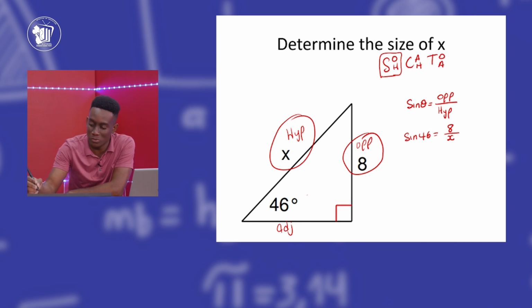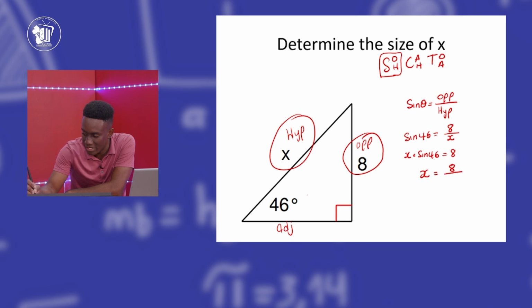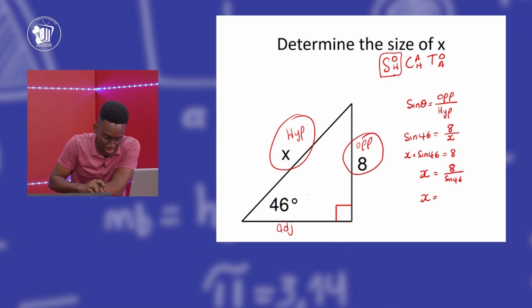The x is dividing, so when we take it over it multiplies: x multiplied by sine 46 is equal to 8. The sine 46 is multiplying, so when we take it over, we divide. So x will be equal to 8 divided by sine 46.